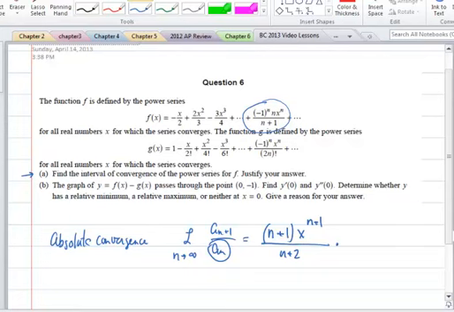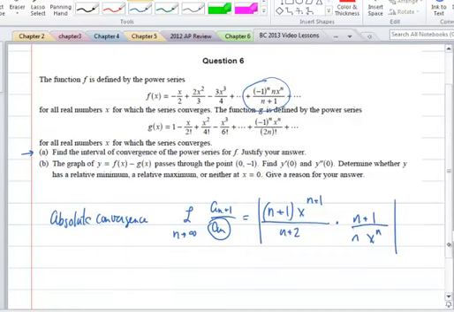So we have n plus 1 over n times x to the n. Remember, this is the absolute value. We're not concerned about signs. And we'll find the interval of convergence from this.